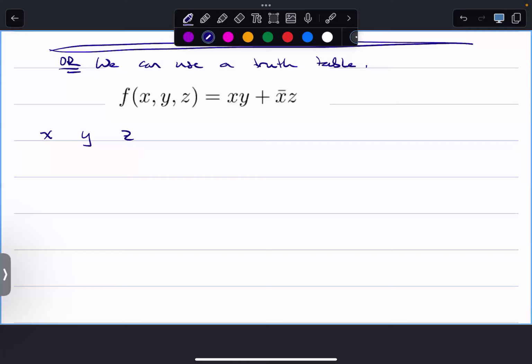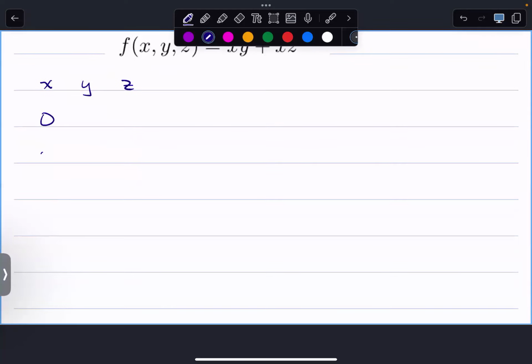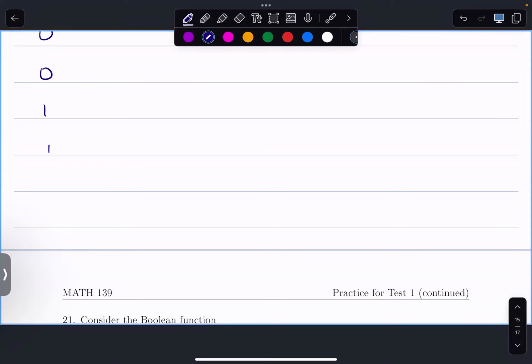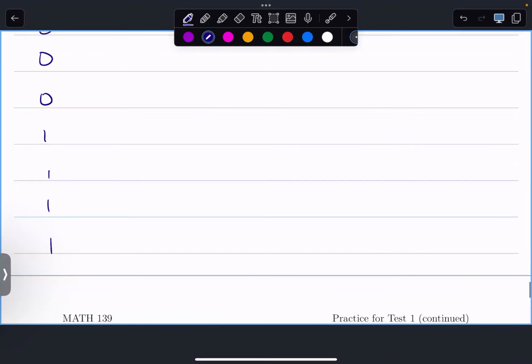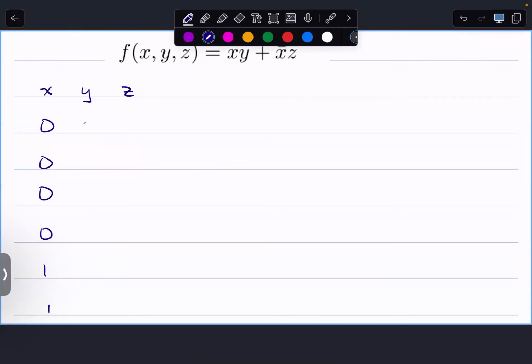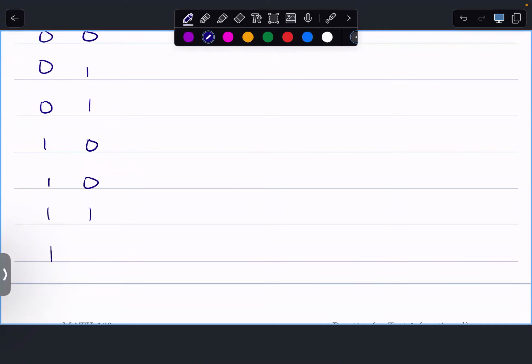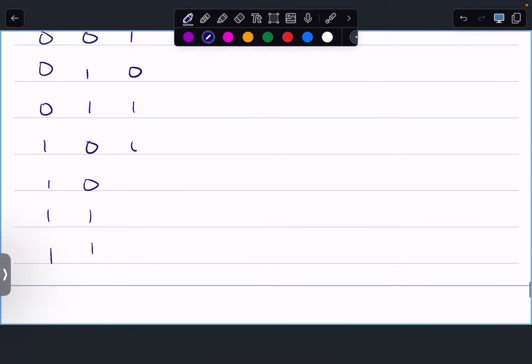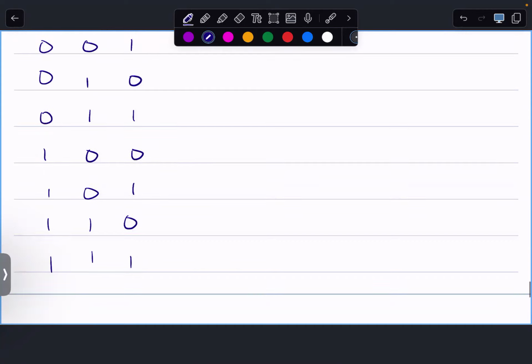X, Y, Z: 0, 0, 0, 0, 1, 1, 1, 1; 0, 0, 1, 1, 0, 0, 1, 1; 0, 1, 0, 1, 0, 1, 0, 1.